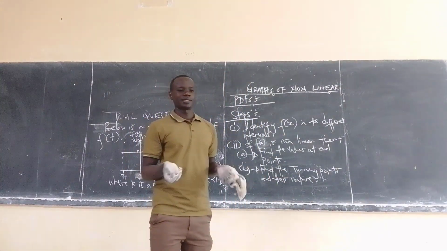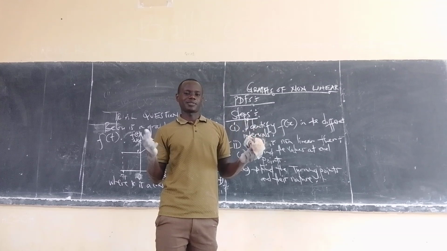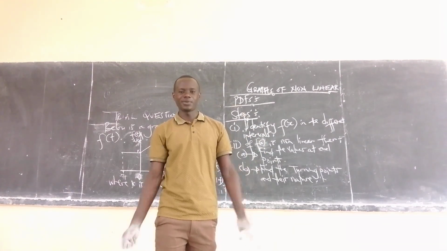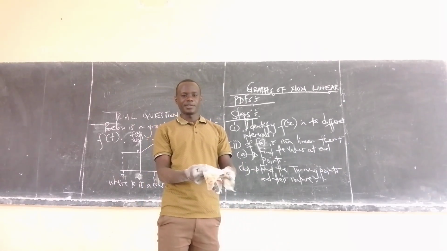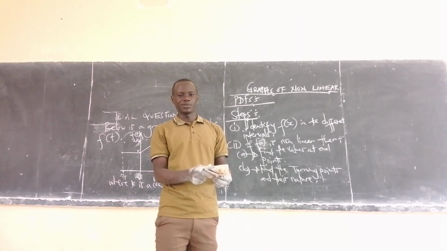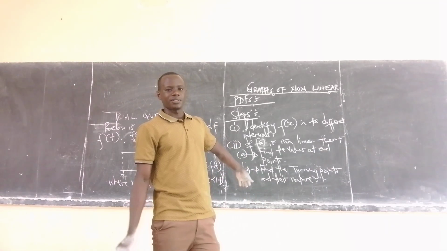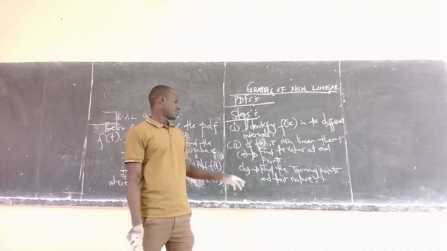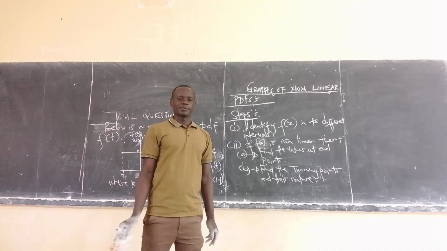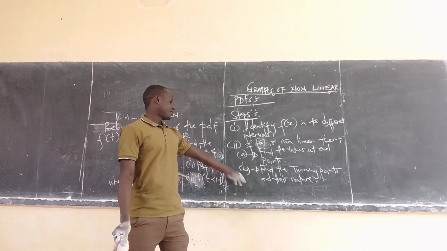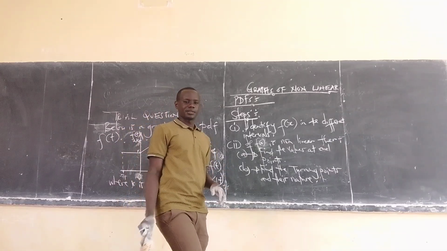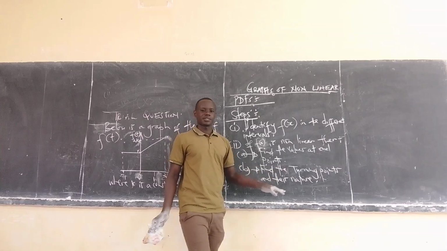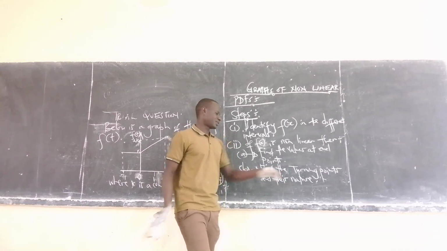In most cases, it must be a minima or a maxima. But there are those small cases which are even rare. It has never happened where it is a point of inflection. But we are going to see how we realize that it is a point of inflection, how we realize that it is a minima, and how we realize that it is a maxima. So in step 2, find the turning points and determine their nature.